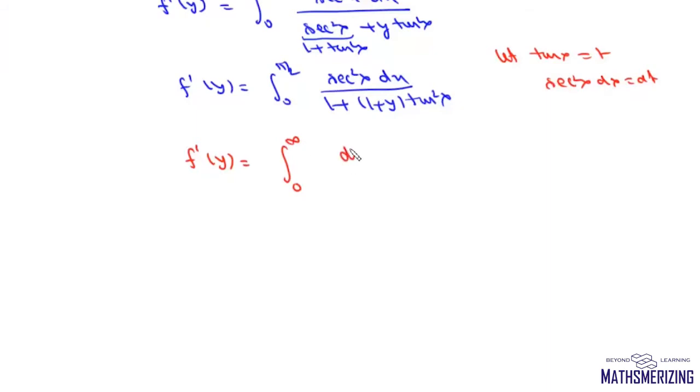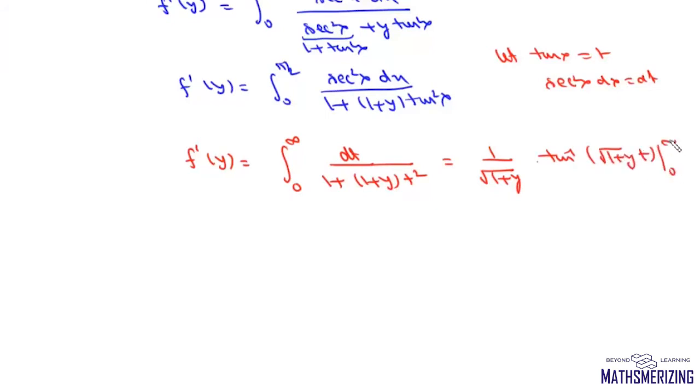Then it will be dt upon 1 plus y into t square. Now this is of the form x square plus a square, so we'll use the formula, and we'll get this as 1 upon square root of 1 plus y, into tan inverse of (square root of 1 plus y into t), from 0 to infinite.